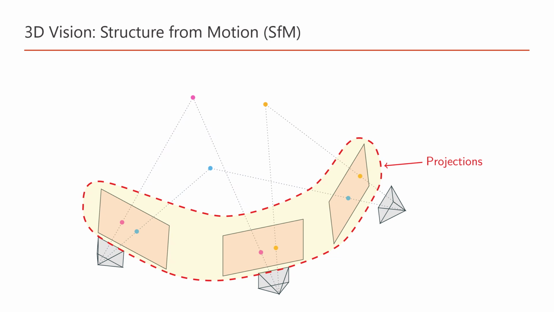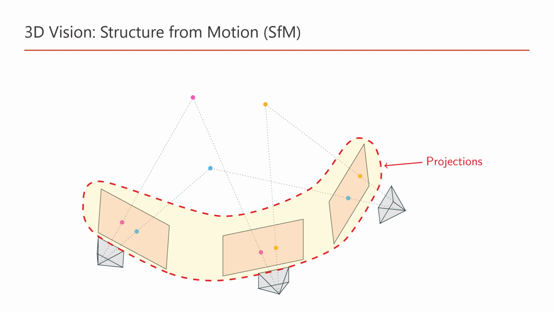We call these the projections, and this is considered information that we have from the start when we are facing the structure from motion problem. So the structure from motion problem is essentially to calculate everything else about the 3D reality, given that you have this specific information, that you know where certain points are located in these images at what pixels.